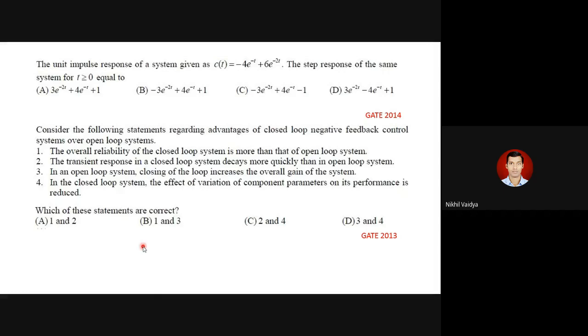Yes. So, which option do you feel is the correct option? A, B, C, or D? Think for 1 or 2 minutes and let me know the answer.